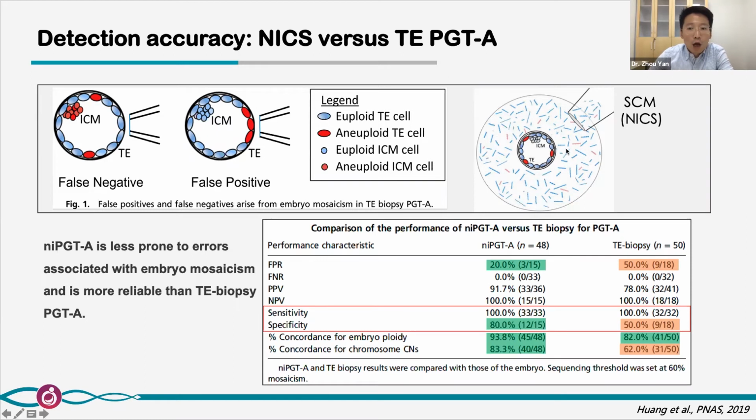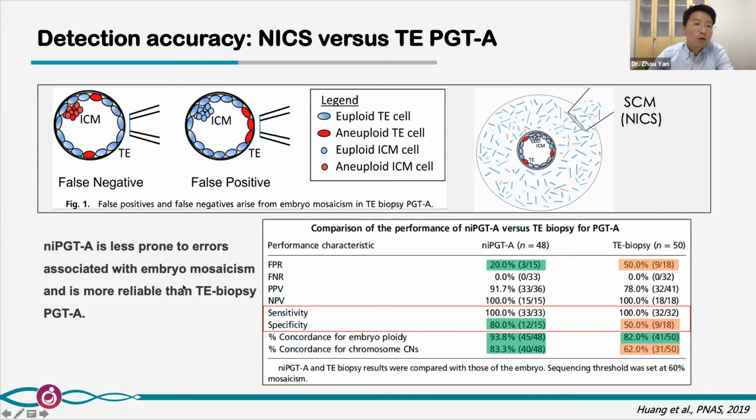The advantage of using the SCM, the spent culture media, is that it is a collective genomic material of the whole embryo, reflecting both the ICM and TE populations contributing DNA, and that allows a better estimation of the mosaicism condition of the whole embryo. Indeed, this can be seen in the table here, showing NICSI has a much lower false positive rate, 20% versus 50%, and a much higher specificity of 80% compared to 50% in TE biopsy.